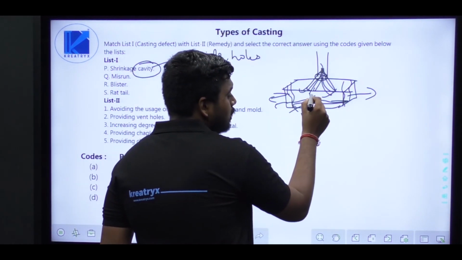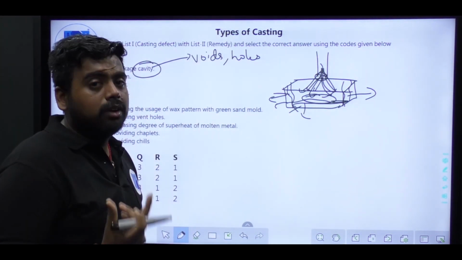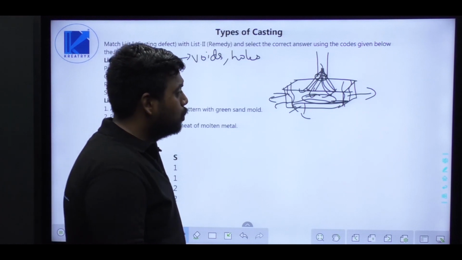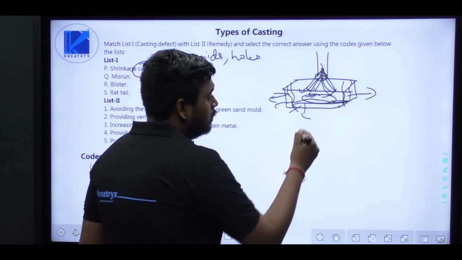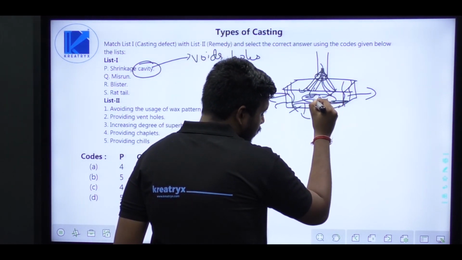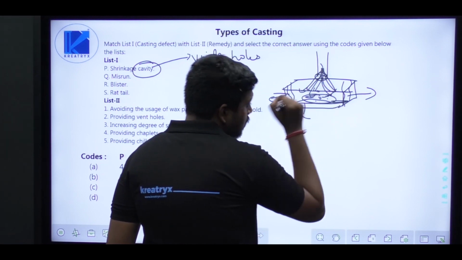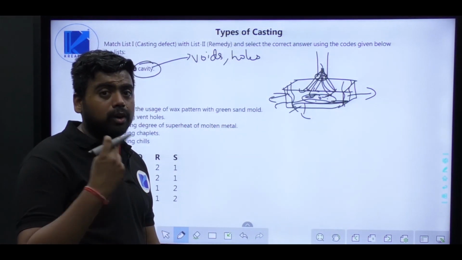The metal at the center remains in the molten state. Thus, since the riser is not properly placed, some voids are created in this casting. So how do we remove this void?